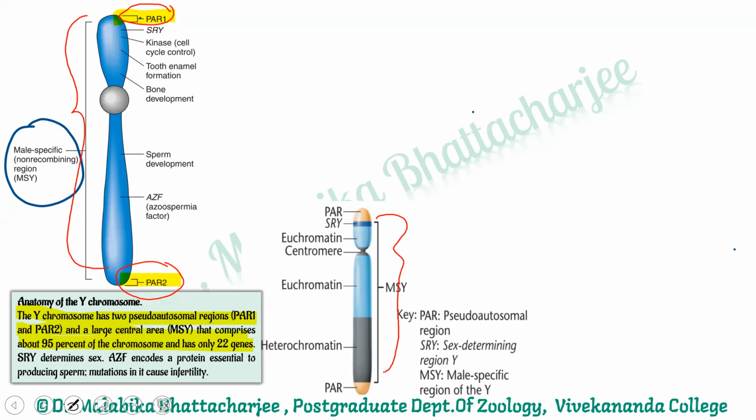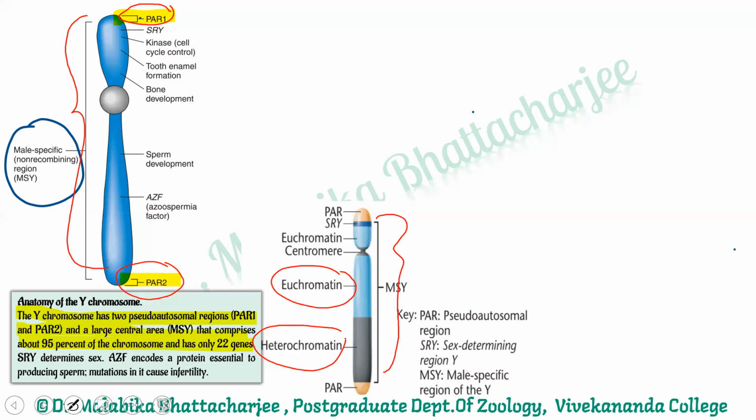As you can see, it is divided into a euchromatin portion, the blue color, and a heterochromatin portion. By now you have the basic idea that the euchromatin portion comprises the functional genes, and the heterochromatin portion lacks genes.